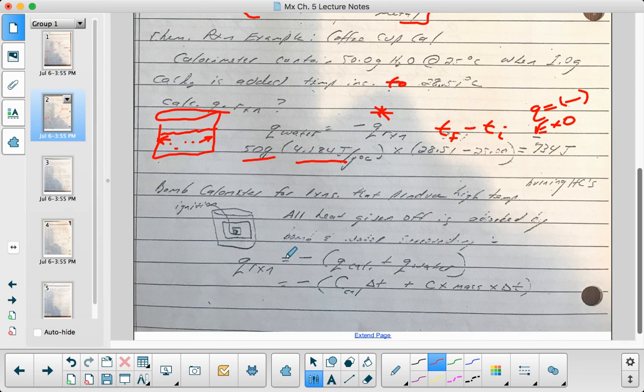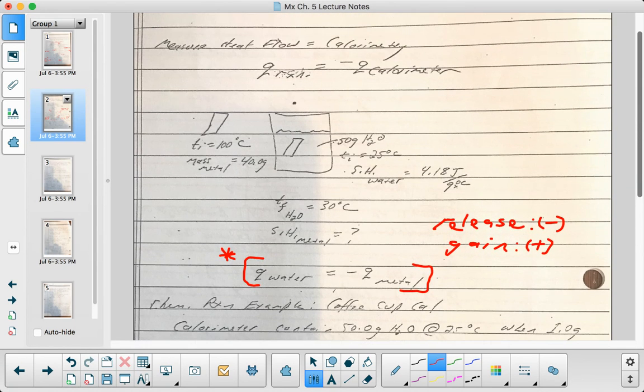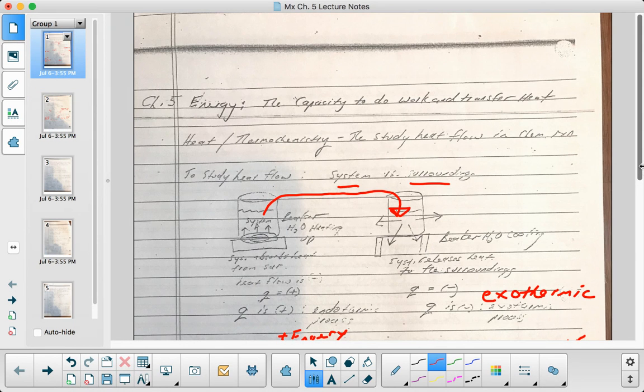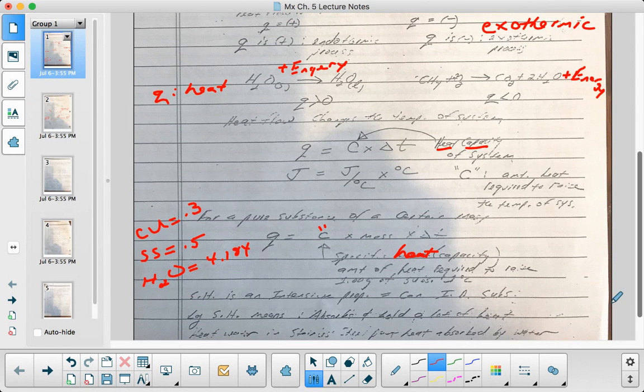I just want to make sure it's clear what the difference is between the little c and the capital C. Let me go back here because there are some distinctions between those two. If I'm using little c, as I am in the lab, then I need the mass of the material.